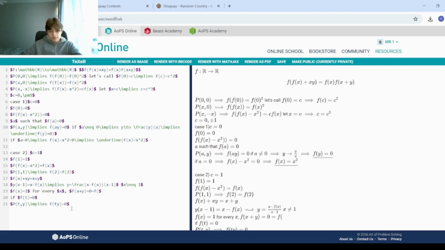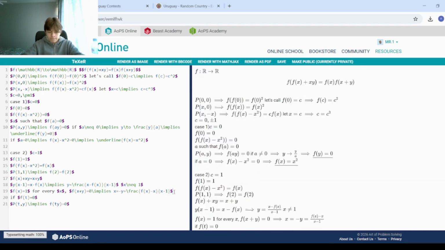So x plus y should be 0, so we can simply say that x is equal to minus y, and minus y is equal to (f(x) minus x) divided by x minus 1.